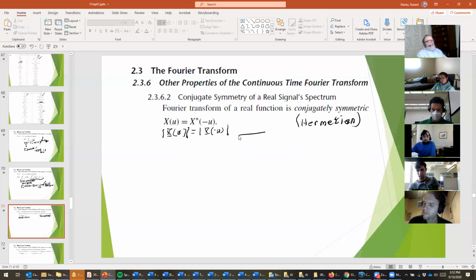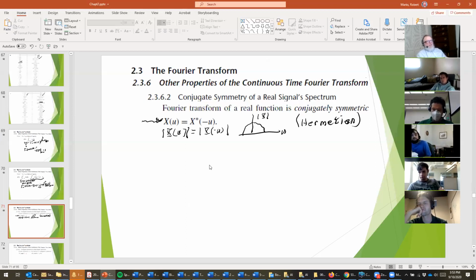Therefore, if you see Fourier transforms and you see their magnitude plotted out, the magnitude of a spectrum, you will always notice that that spectrum is an even function. The magnitude of the spectrum is always an even function. We'll say more about that in a little bit. But the other interesting thing is that it answers the quandary about what the heck negative frequencies are. This property says that if you have real signals, and by the way, all the signals we deal with in reality are real, right?